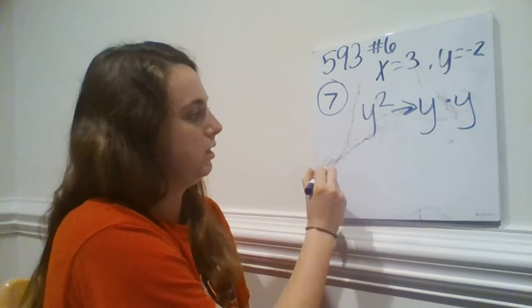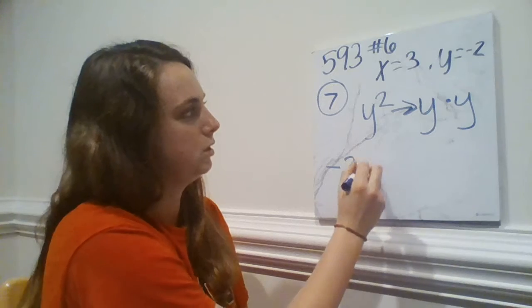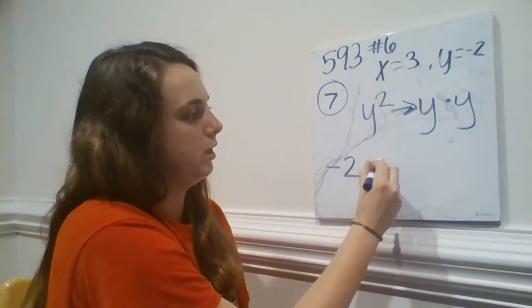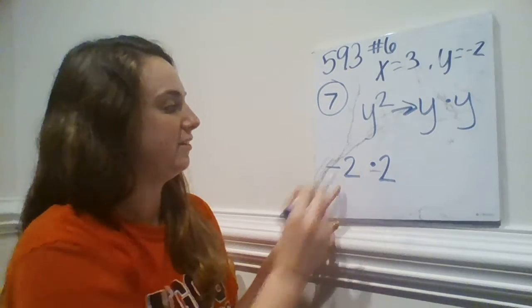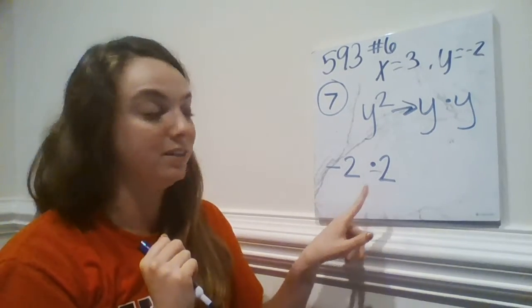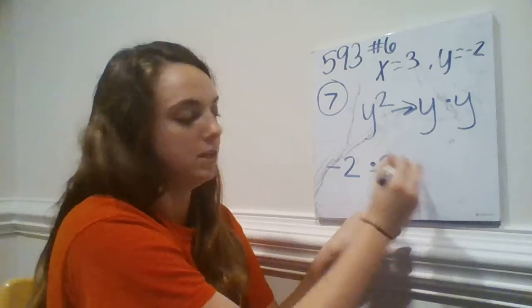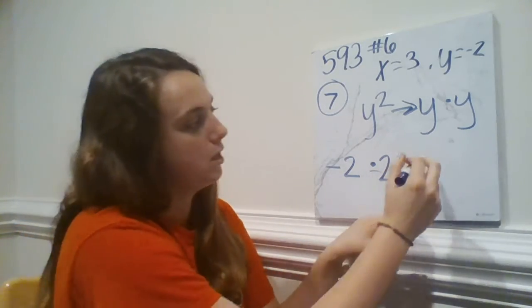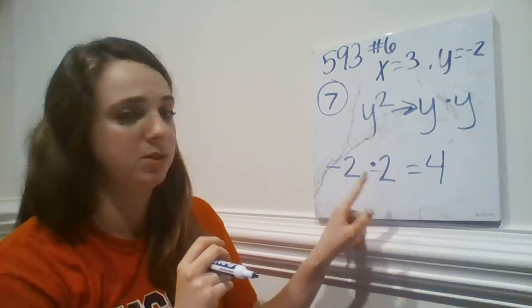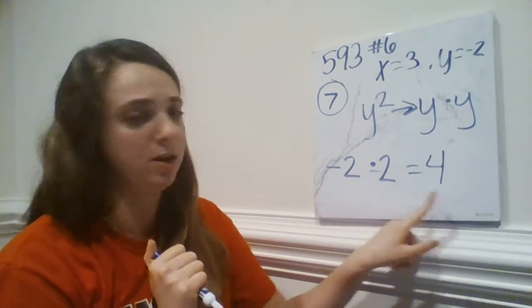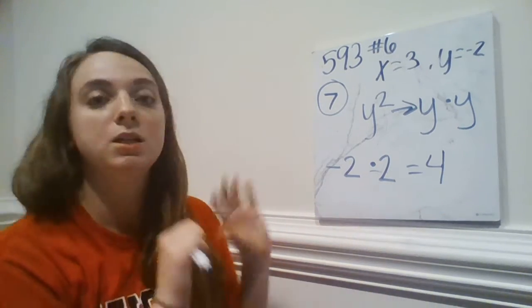You know y is negative 2, and since we're squaring it, it's going to be times negative 2. So negative times a negative is going to be a positive. Bad thing happens to a bad person. You have a criminal, he goes to jail. Yay! The streets are clean. Things like that.